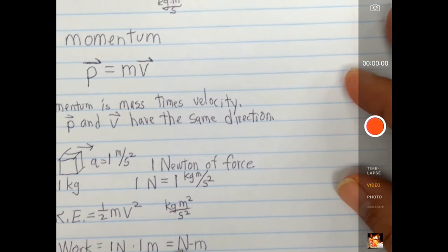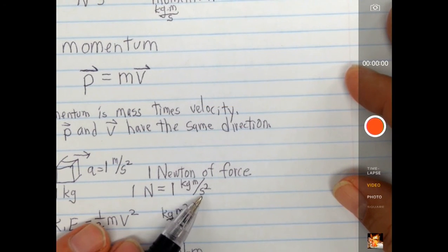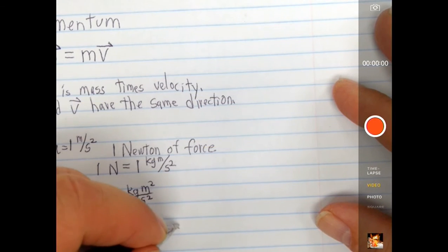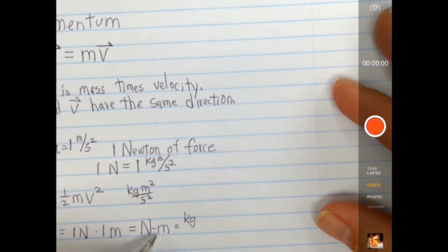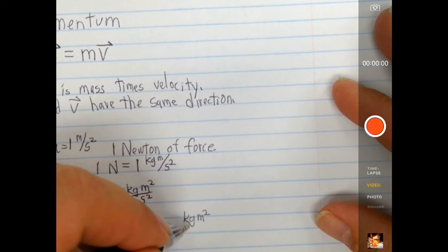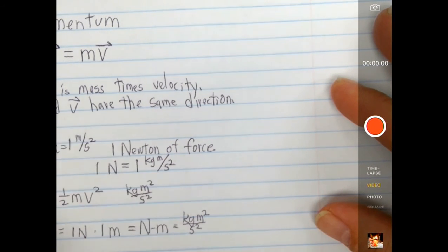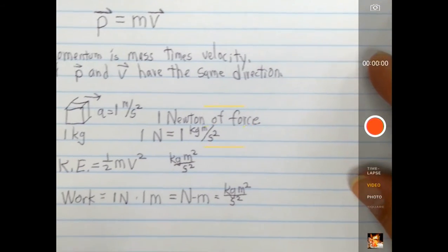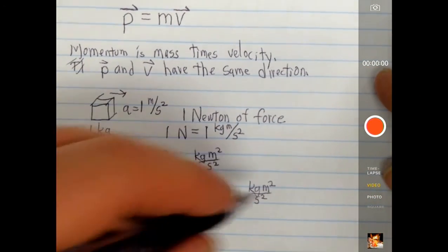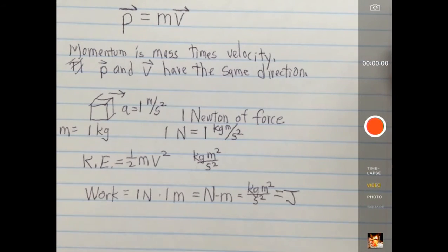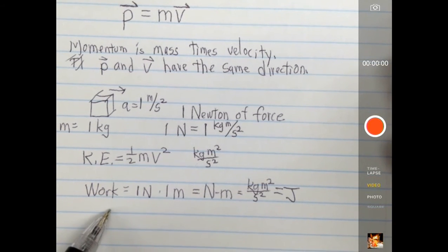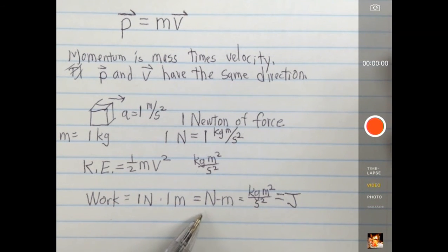A Newton is a kilogram meter per second squared. So this is a kilogram meter squared per second squared, which is a joule. So a joule is energy, a joule is work. Work is a Newton meter. A Newton meter is a kilogram meter squared per second squared.